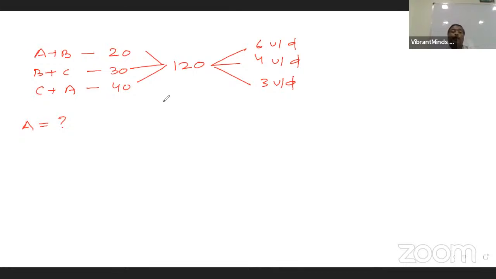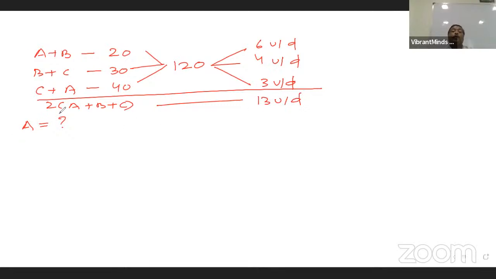Now see, here what we have is twice of A plus B plus C. And here what we have is 13 units per day. So twice of the number of people means 6.5 units per day. Clear? Now understand, we have to find A. A plus B plus C is doing 6.5 units per day.